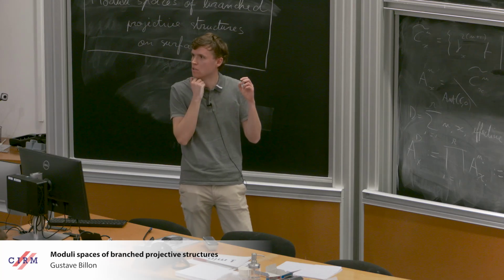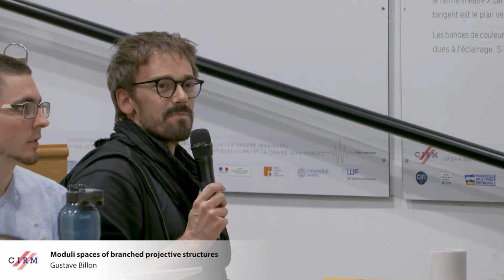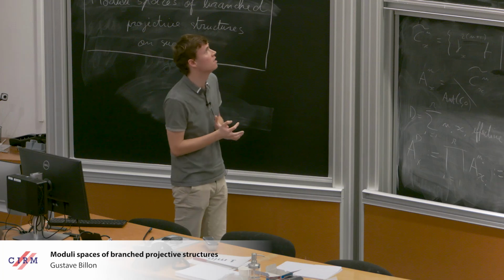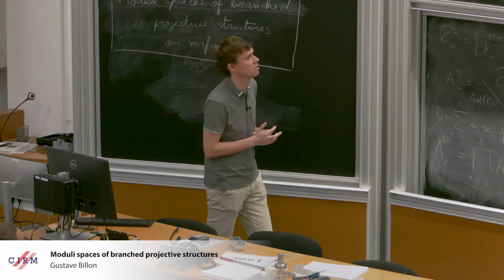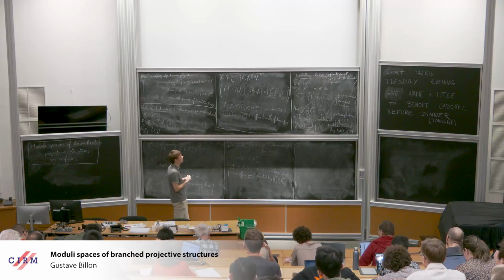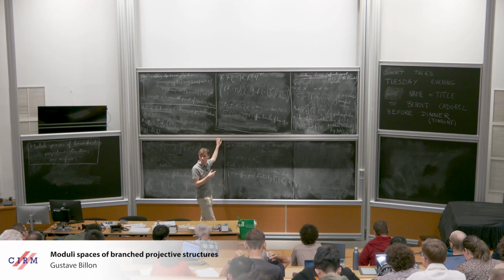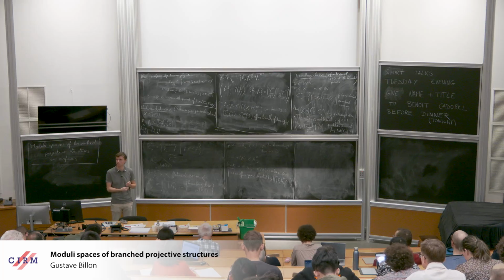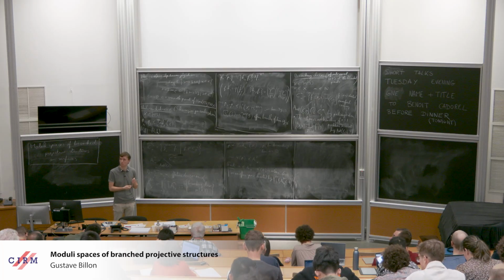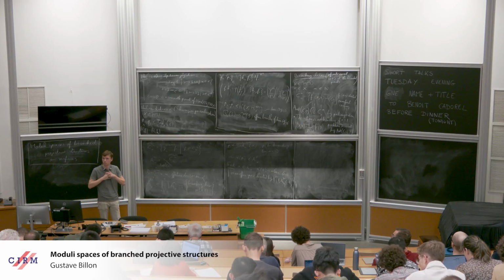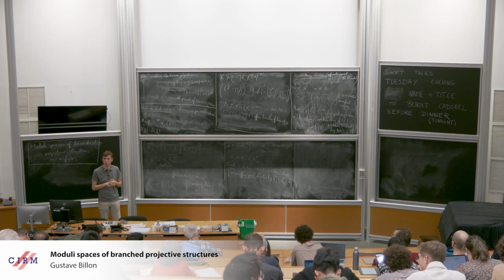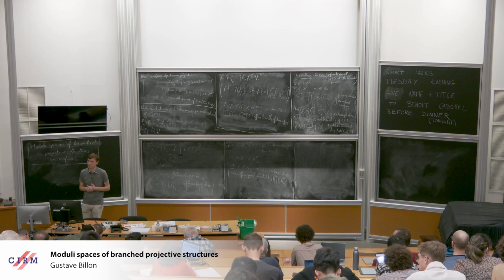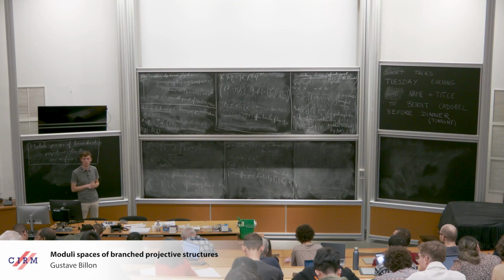It's really similar to the proof of Hubbard that the space of projective structures is locally biholomorphic to the space of representations, the character variety. So more or less the same proof. Nice. Thank you.